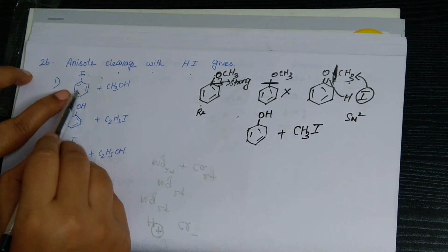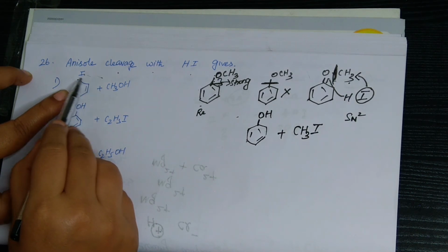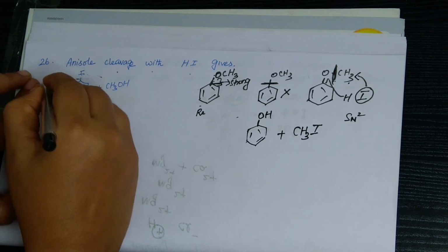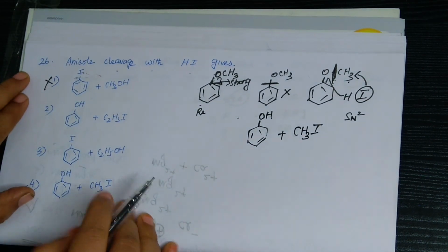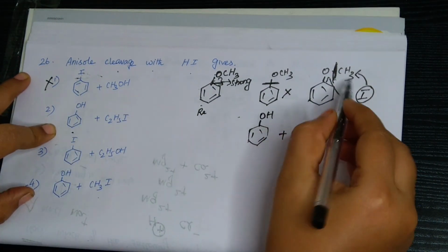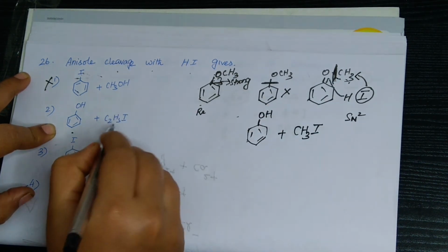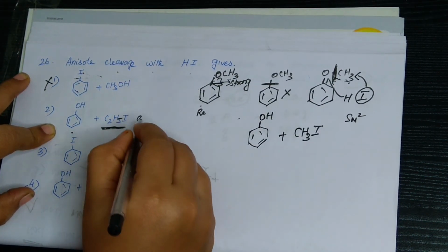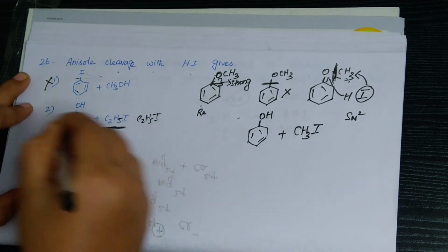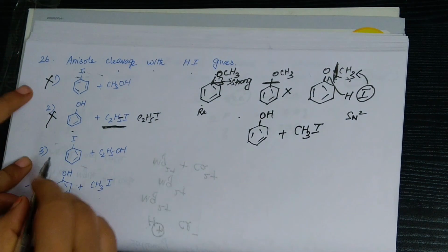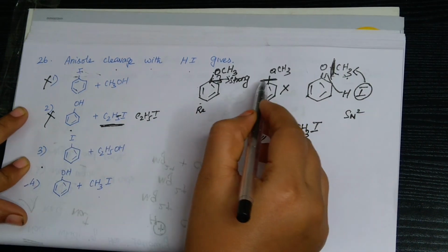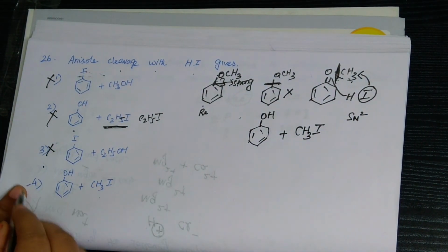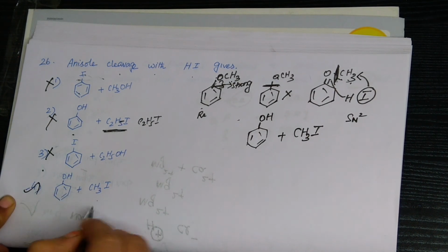In option 1, they have given the bond broken here and I attached. So this bond will not break and option 1 is wrong. In this case, they have given this bond breaking, but see the product, instead of CH3 you have C2H5I. So this is also ruled out. In this case again this bond breaking is given, which is not the case. So the answer is phenol and methyl iodide.